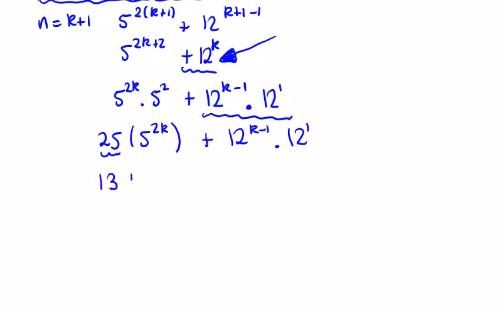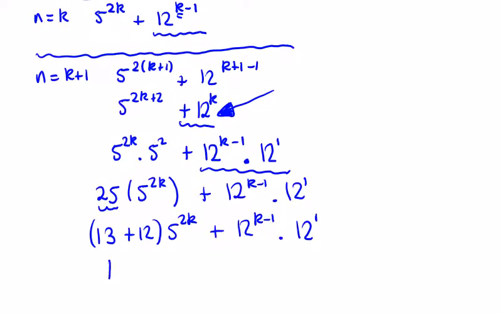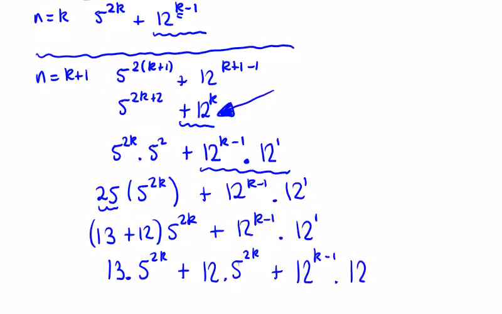It's going to have to be 13 plus 12 by 5 to the power of 2k plus 12 to the power of k minus 1 by 12 to the power of 1. So multiplying this out, I get 13 by 5 to the power of 2k plus 12 times 5 to the power of 2k plus 12 to the power of k minus 1 times 12.